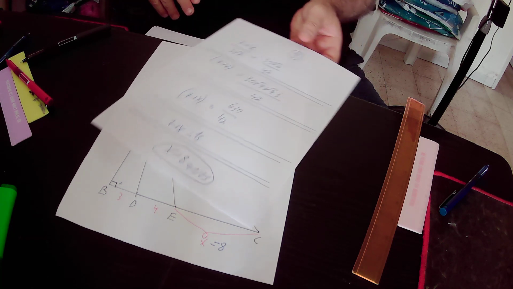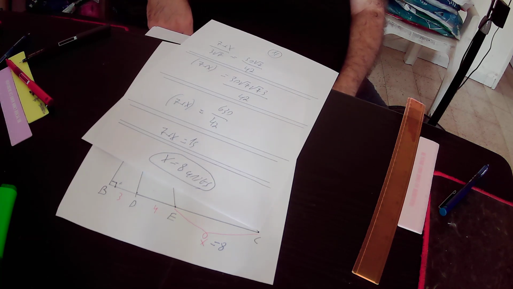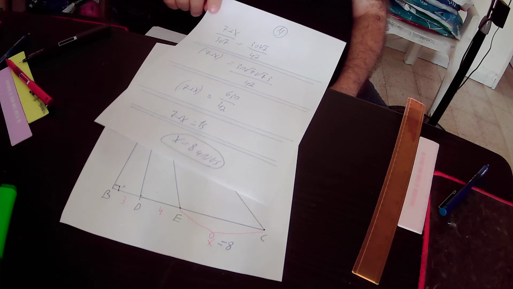Okay, the value of x is 8 units. So that was the first method to find the value of x.